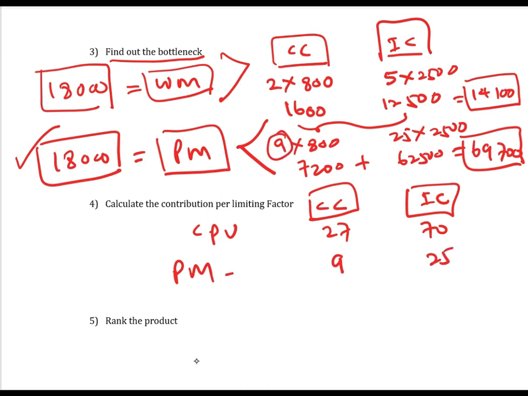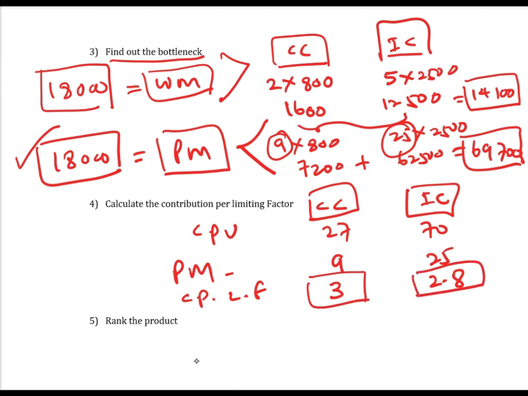Now calculate the contribution per limiting factor: 27 divided by 9 is 3, and 70 divided by 25 is 2.8.